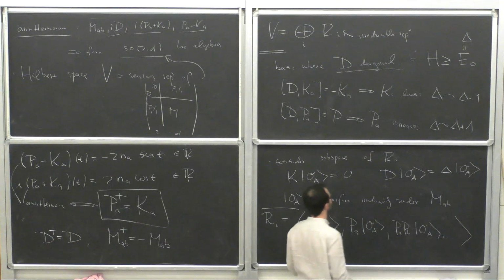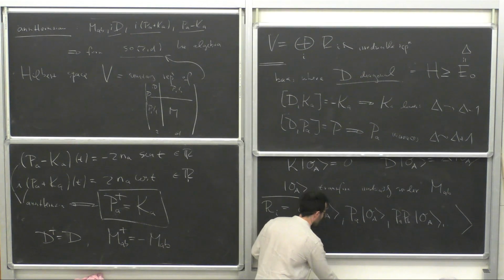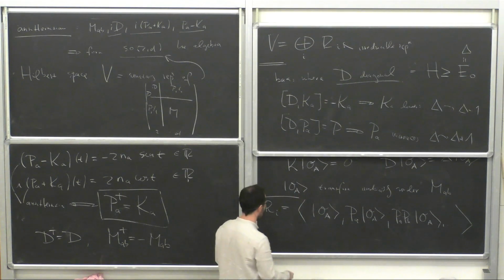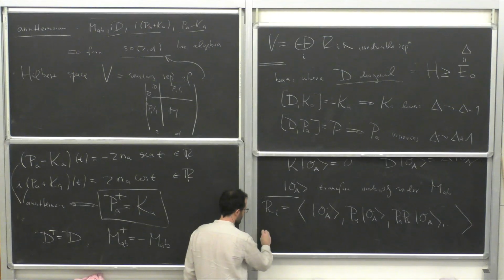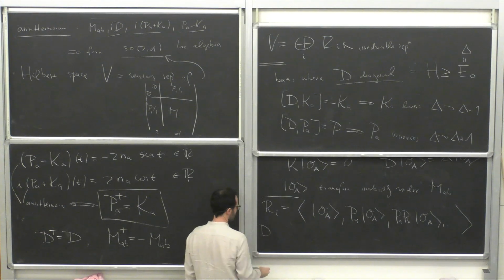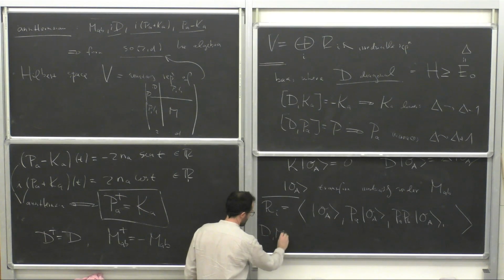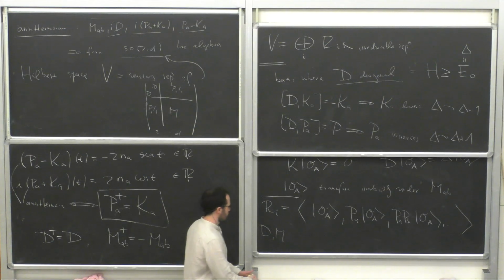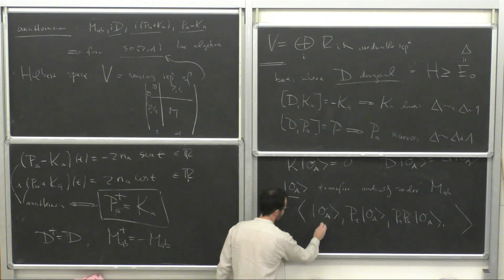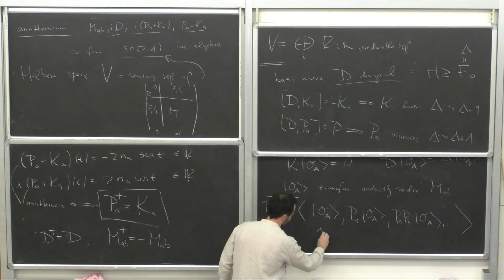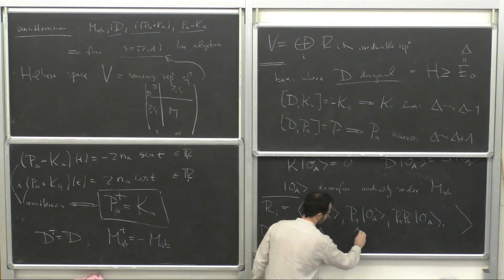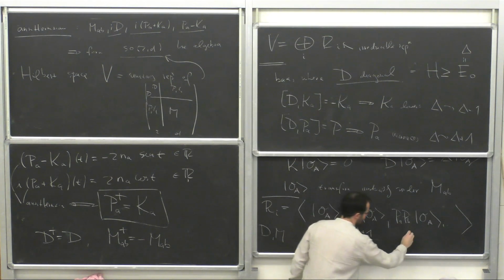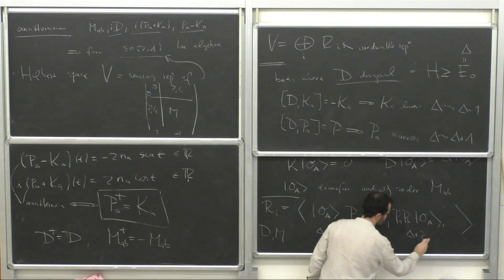And so on. And let's see how these things transform under D and M. So we said that this one has scaling dimension delta. This one has scaling dimension delta plus 1. This one has scaling dimension delta plus 2, and so on.